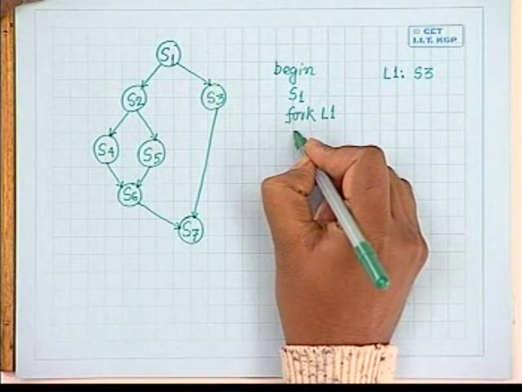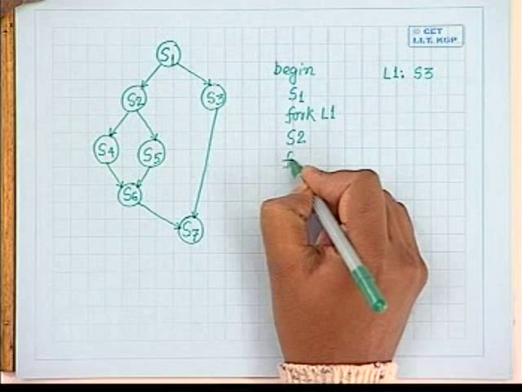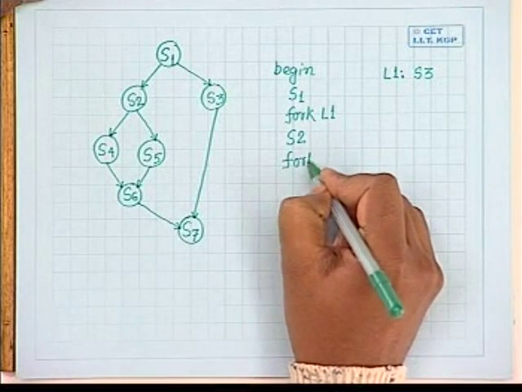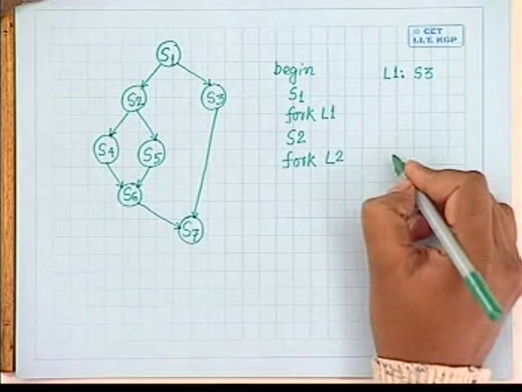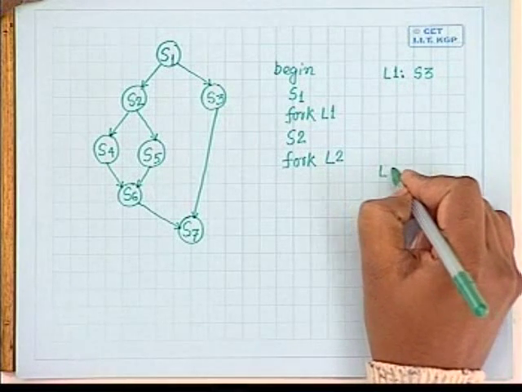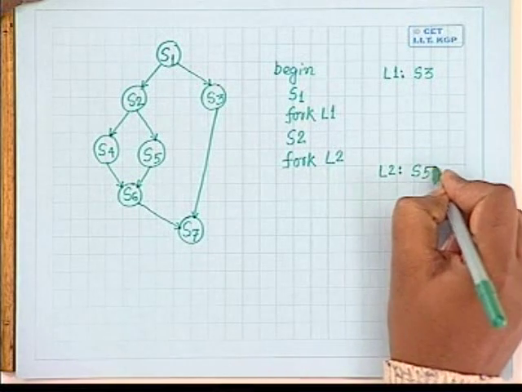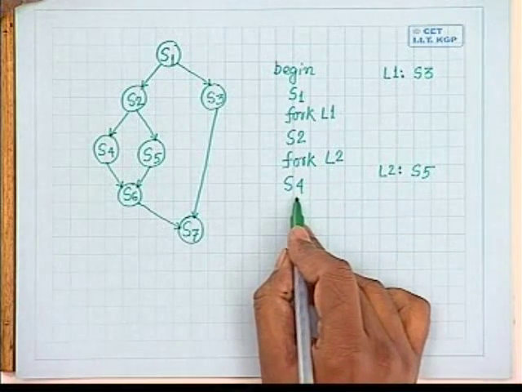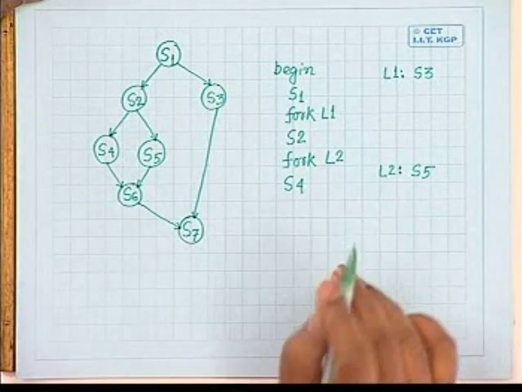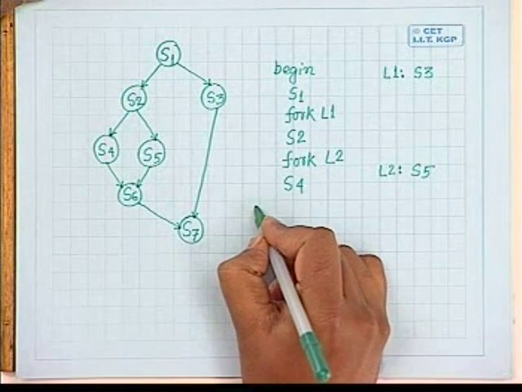Then I have S2, then I have fork L2. At L2 I'll have statement, say, S5, here I have S4. Now after completion of S4 and S5, two processes are to be joined. So I'll have a label, say, L3.